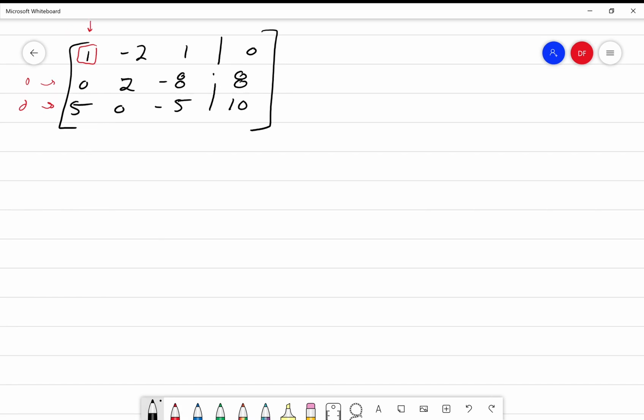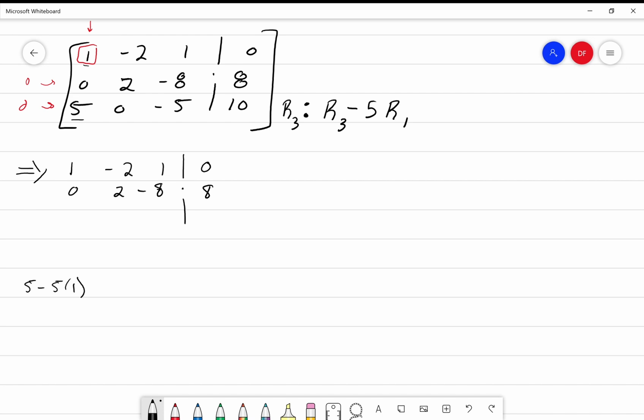I will take row 3, and I will replace row 3 with row 3 minus 5 row 1. And when I do that, I get 1, negative 2, 1, 0. I get 0, 2, negative 8, 8. And then I do 5 minus 5 times 1, so 5 minus 5 times 1 is 0.